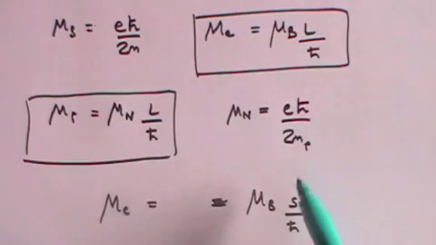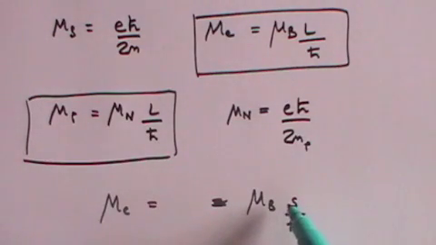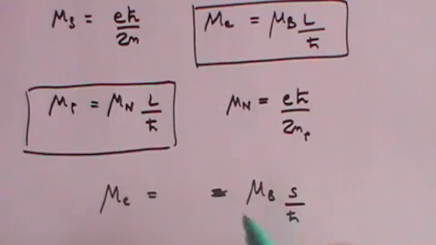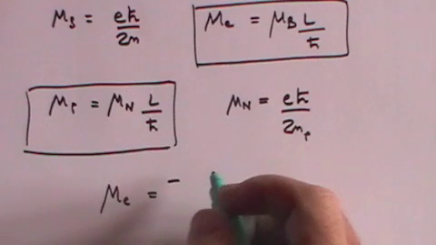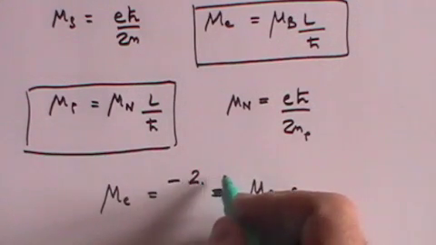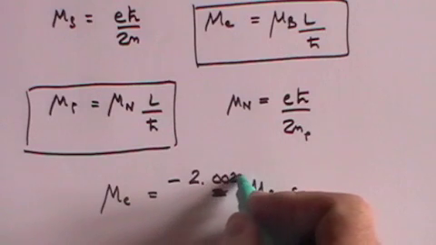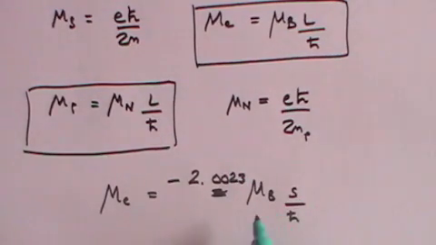Instead of L, you simply put S. But actually, that is not right. There is, in fact, a number that comes in front of this. It's actually almost twice as much. It's 2.0023 times the Bohr magneton times the spin divided by ħ. And that can actually be derived, though I'm not going to do so, from the Dirac equation.